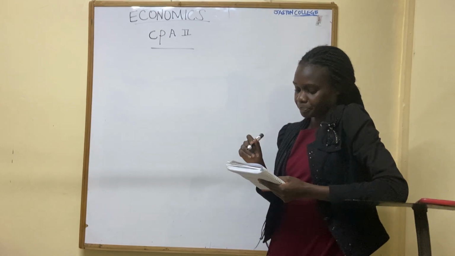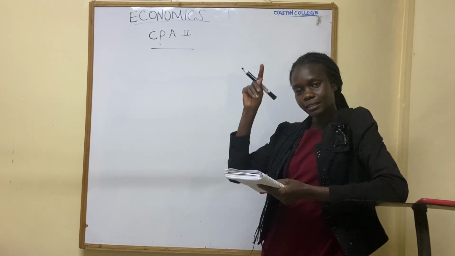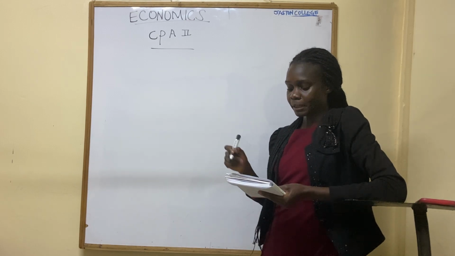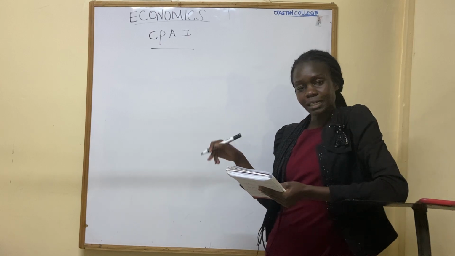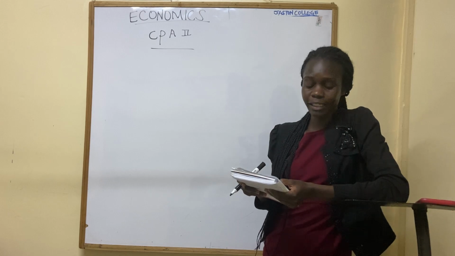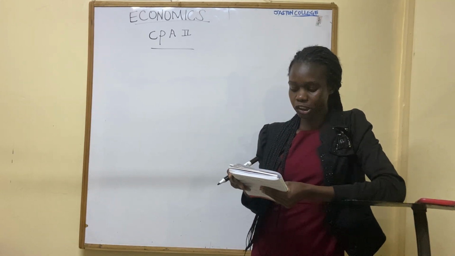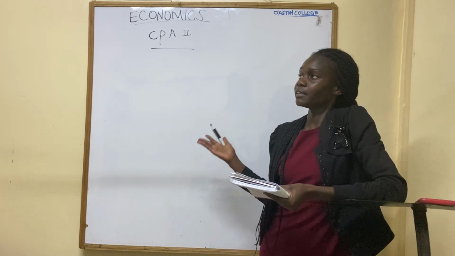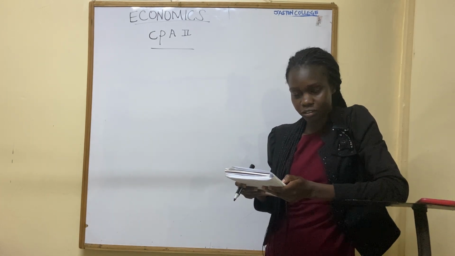It's the opposite. The second one is zero income elasticity. This is whereby demand doesn't change as income rises or falls. So when income goes up or goes down, the demand remains constant.